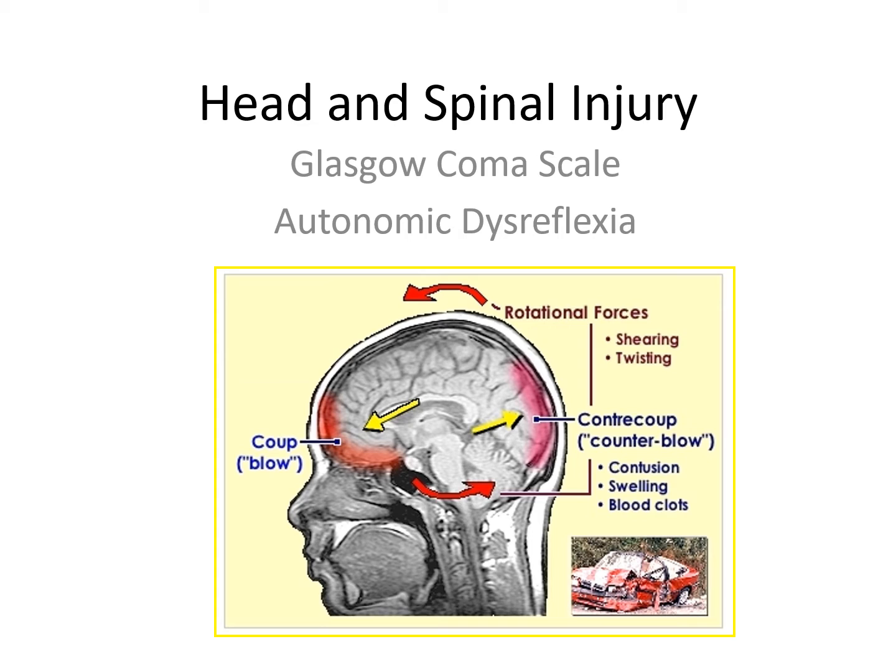So the initial blow is called the coup, and the counter blow is referred to as the contre-coup. Contra-coup injuries classically occur when the moving head, the brain, strikes a stationary object, whereas a coup injury is associated with a moving object impacting a stationary head.